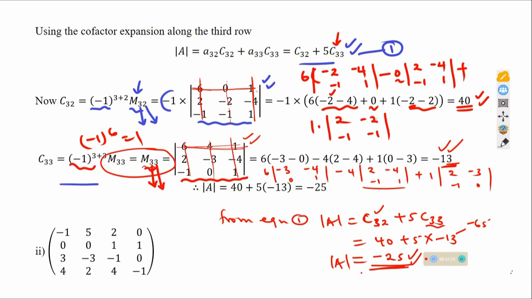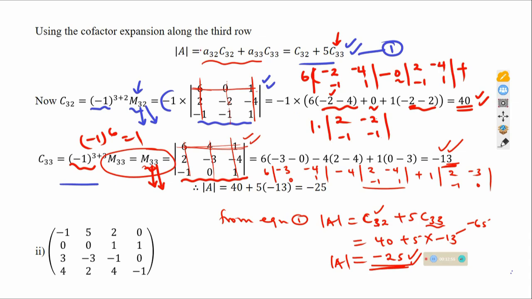So from here, what you need to do is choose any row, and the row that you have chosen, try to expand it by adding. So you get the sum of the entry multiplied by the corresponding cofactor. You know how to get the cofactor of any given entry. So from there, you will be able to get the sum.